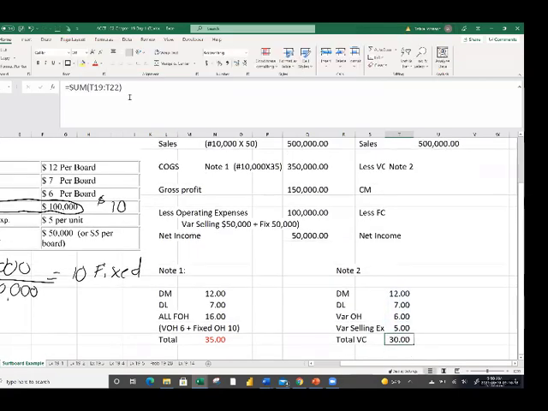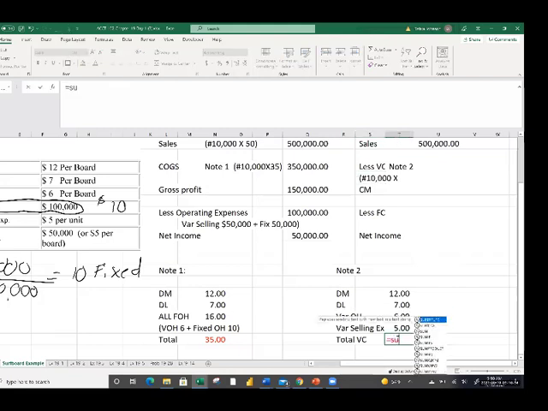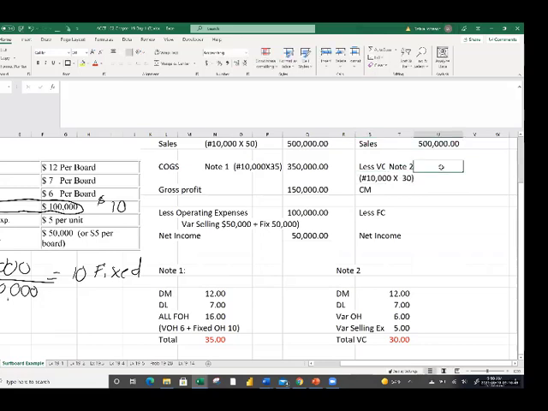So my variable costs are going to be the 10,000 units times $30. Okay, we'll go ahead and compute that. The variable costs there are 300,000 when you do the math.